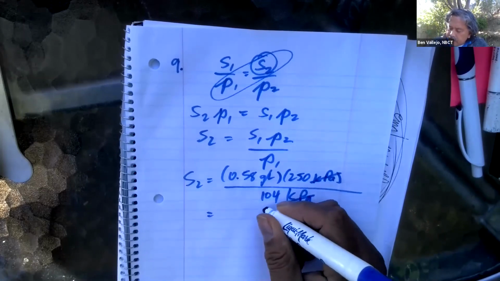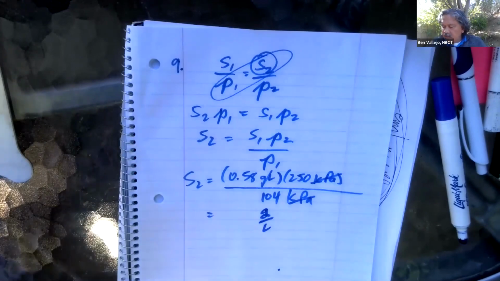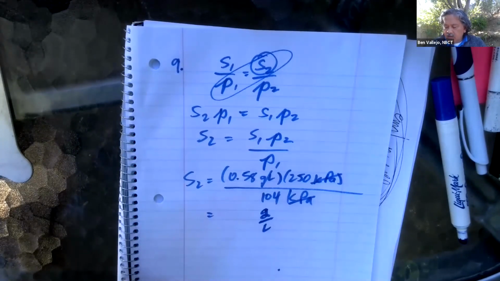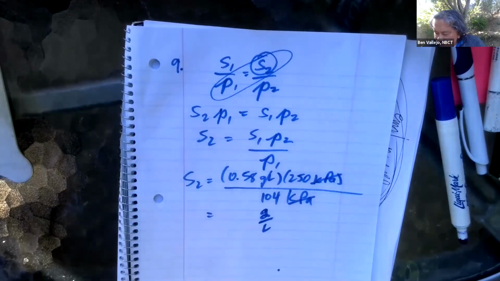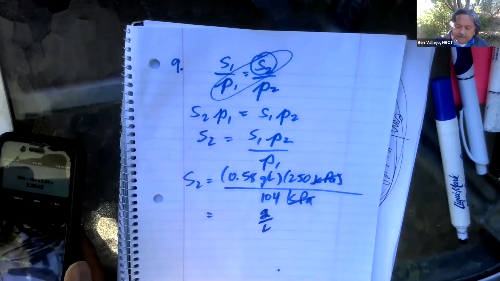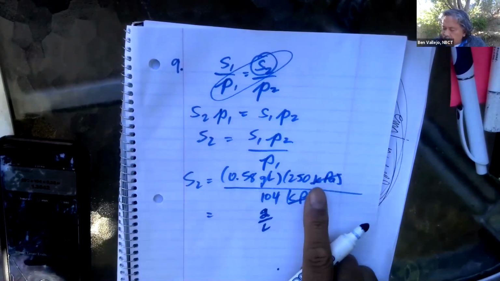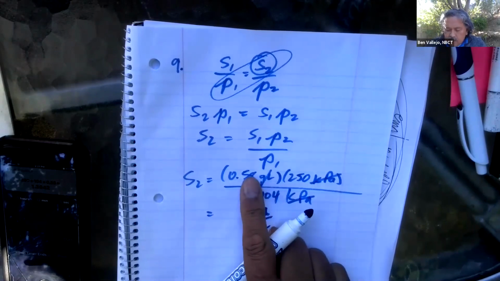The solubility is in grams over liter. 250 divided by 104 times 0.58. It's about 1.3942. How many sig figs? Two.